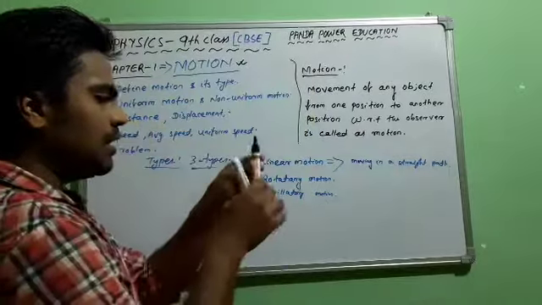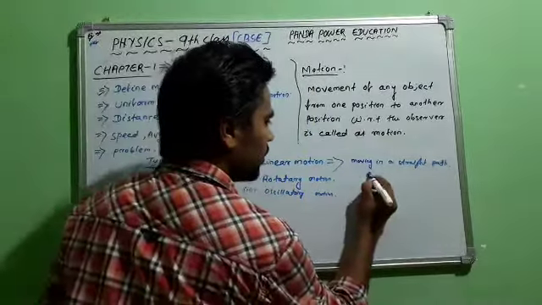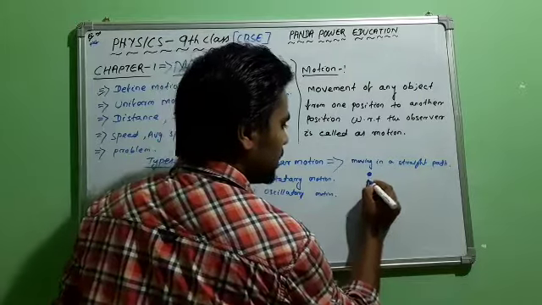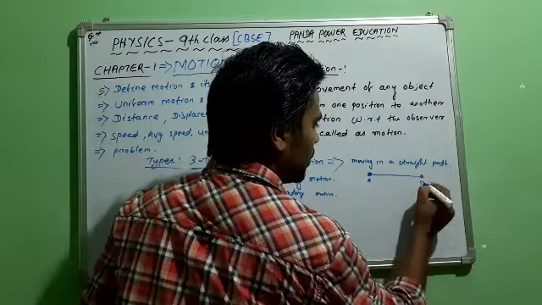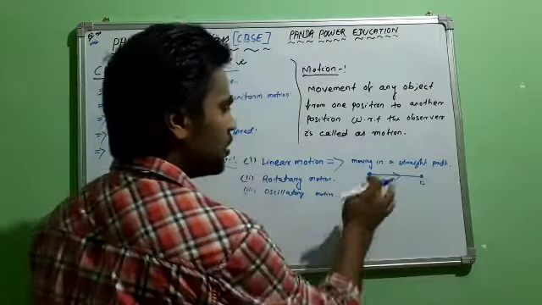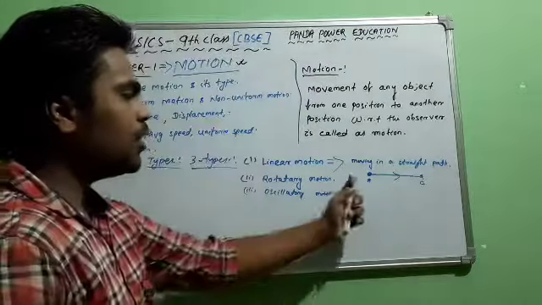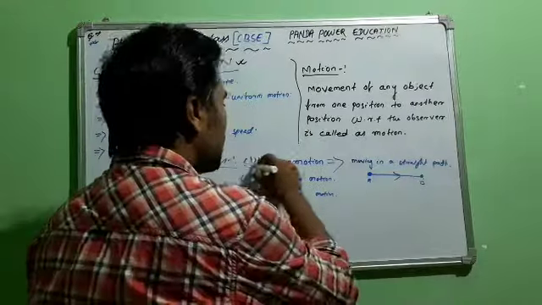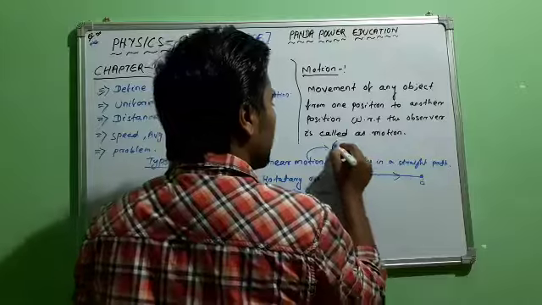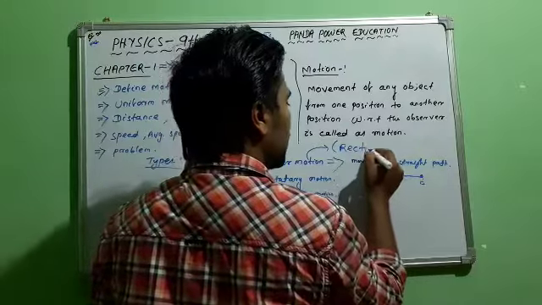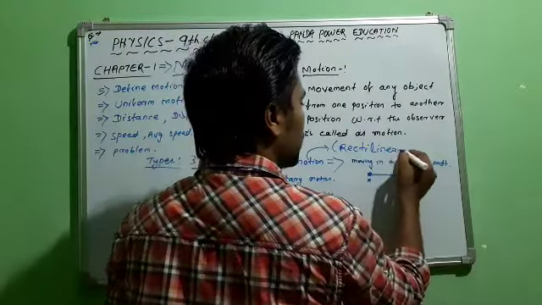That means here the object is at place A, and it is moving in a straight path to place B, here to here. So A to B, the straight path, that is called linear motion, or it is called rectilinear motion.